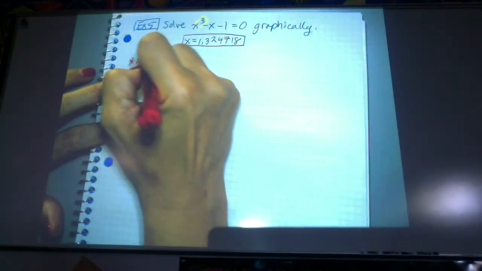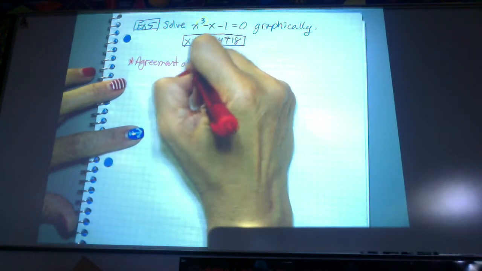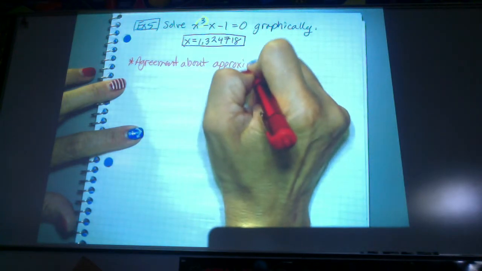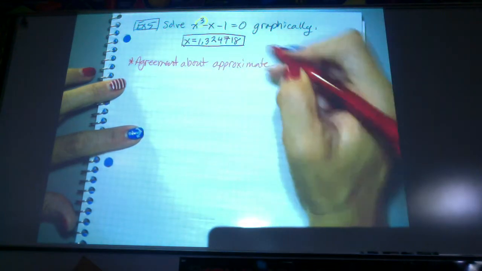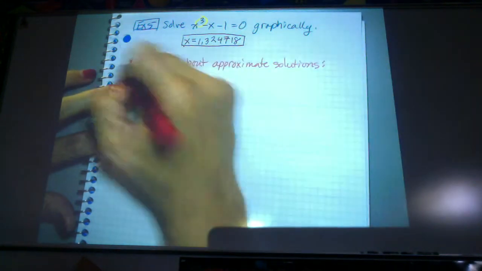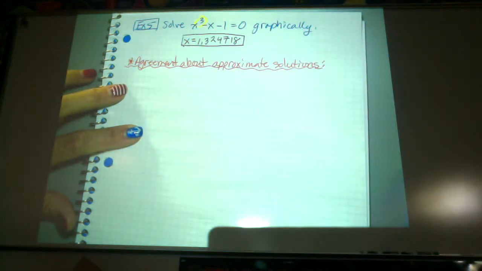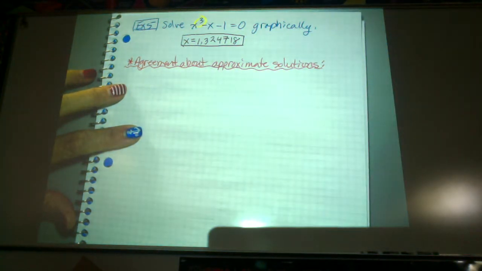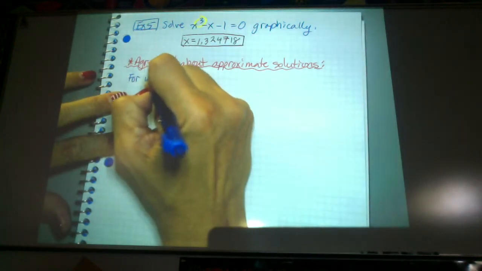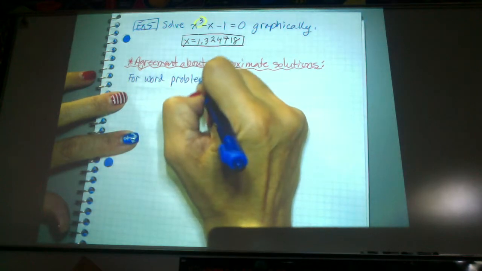Agreement about approximate solutions. So they're specifically explaining to you how they want you to round. For word problems, they refer to them as application problems.